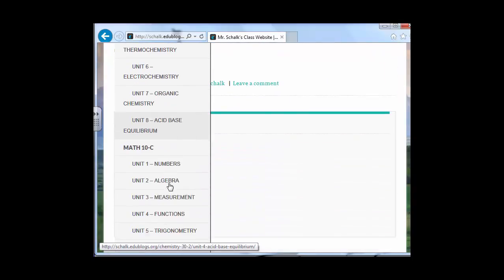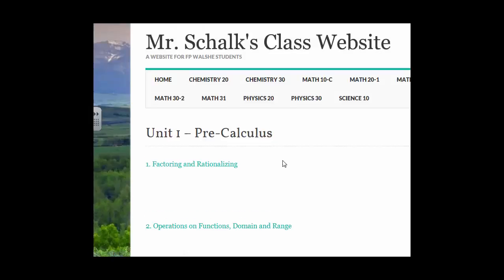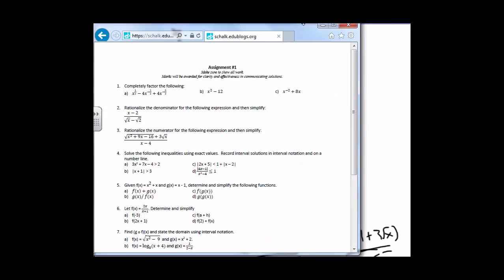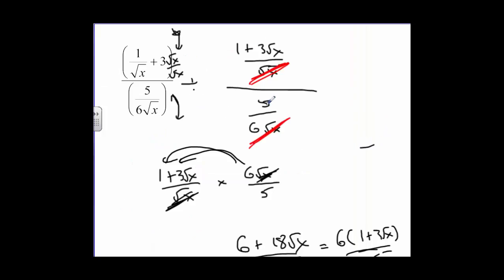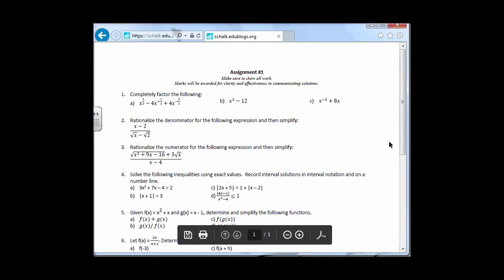We need to go to Math 31 Pre-Calculus. So if you haven't done this already, print off the calculus assignment. See that I can make it small enough that you can see it on your screen now. The assignment should look something like this.